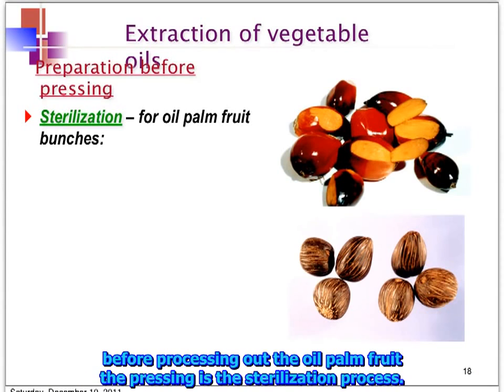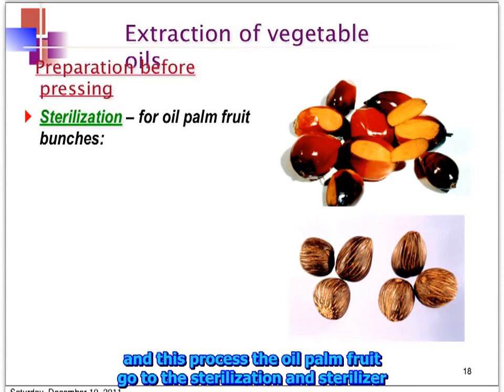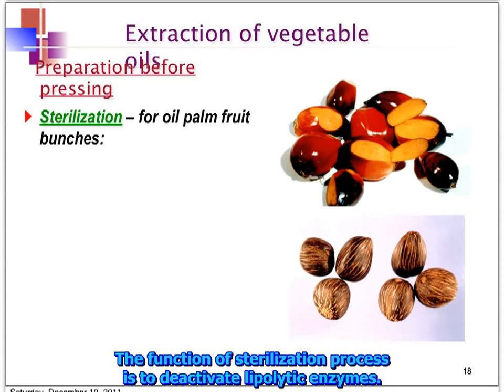Before pressing out the oil from the oil palm fruits, the first step is the sterilization process. In this process, the oil palm fruit goes through sterilization in the sterilizer. The function of the sterilization process is to deactivate the lipolytic enzymes.